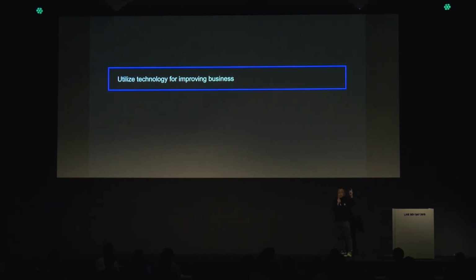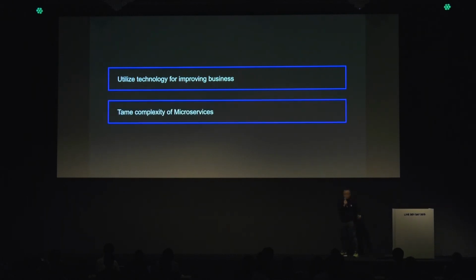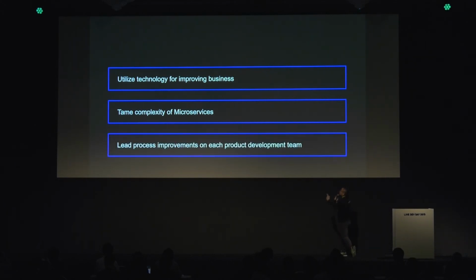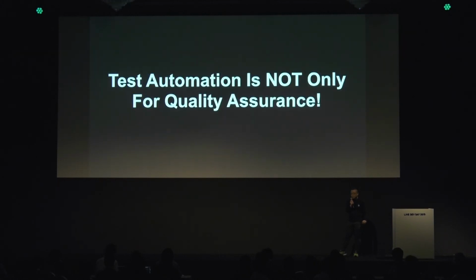Firstly, for better business, we can utilize technology. Next, we can tame the complexity of microservices, and we can lead the process improvements of each product development team. We, SET, have been doing this, and going forward as well, we want to continue to do this.